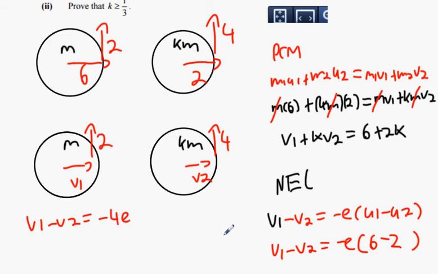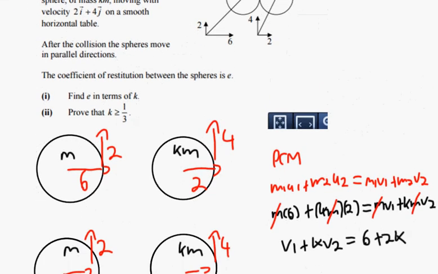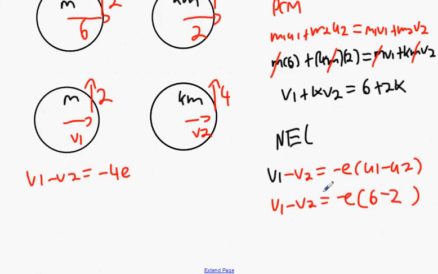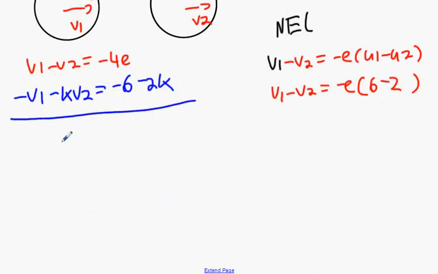Now, I'm going to have to just reread it. They move in parallel directions. I'm probably going to need v1 and v2. Which one's the easier one to get? v1 or v2? v2, because I can just multiply this one by minus 1. Minus v1 minus kv2 equals minus 6 minus 2k. Then these cancel: minus v2 minus kv2 equals minus 4e minus 6 minus 2k.